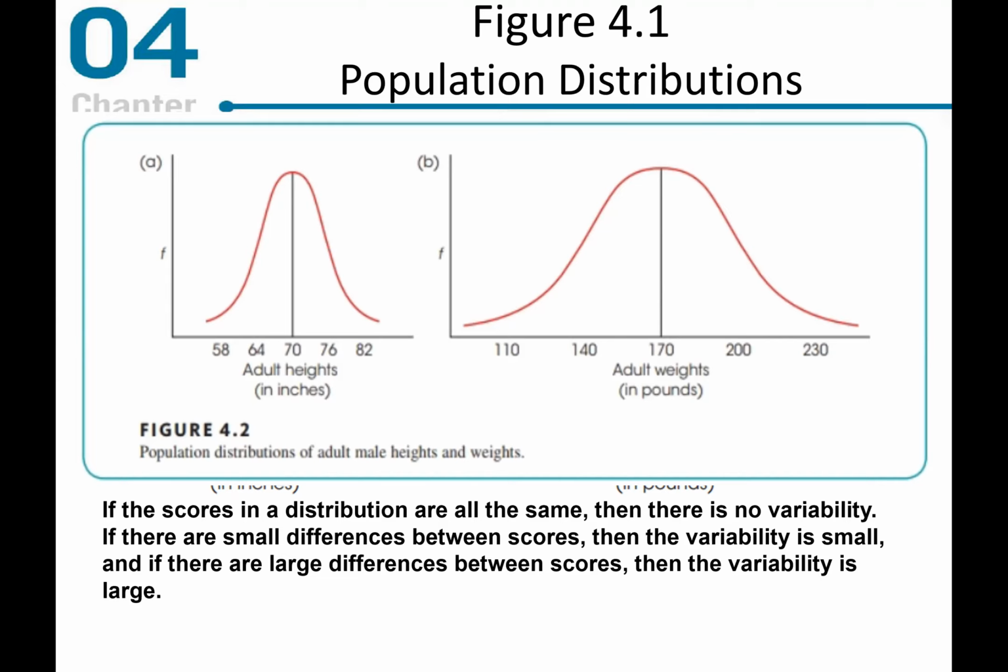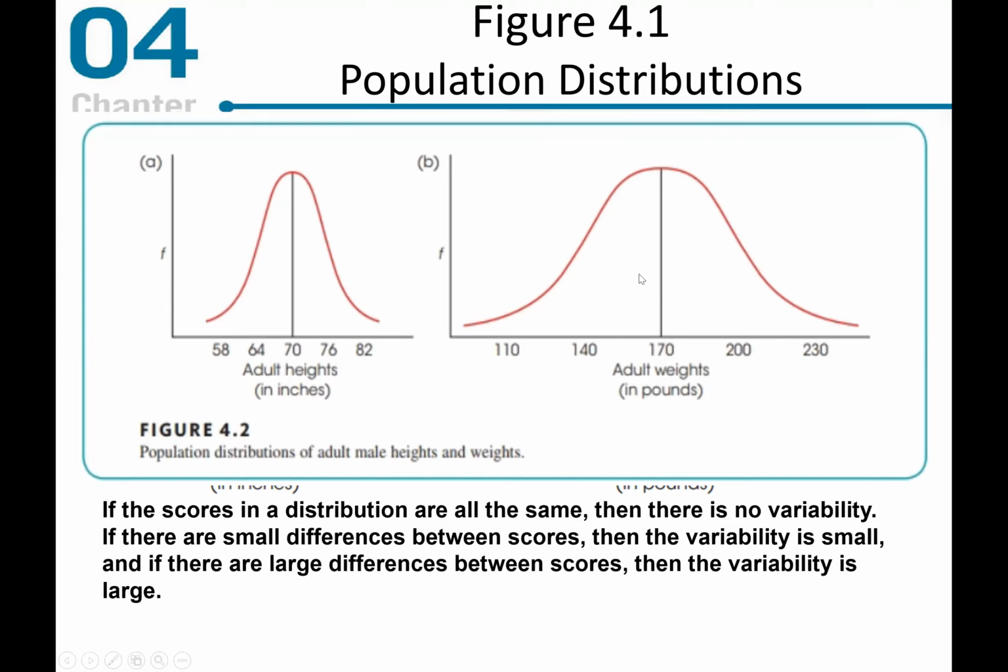Now, if we look at a distribution where the scores are very spread out, like the example I talked about in the last slide, we could use weight. So this is adult weights in pounds. The population mean for adult weights is 170. Let's say this is for women.